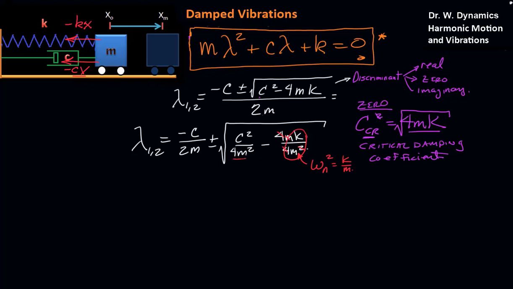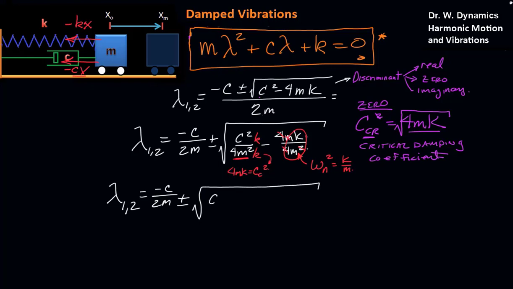Looking over here, I see part of the critical damping function. So let's see if we can get that to appear. If we multiply and divide by a k, we see 4mk is c critical squared. So we'll end up with lambda 1, 2 is minus c over 2m plus or minus the square root of c squared over c critical squared, and we'll have a k on m left from that, minus omega natural squared.